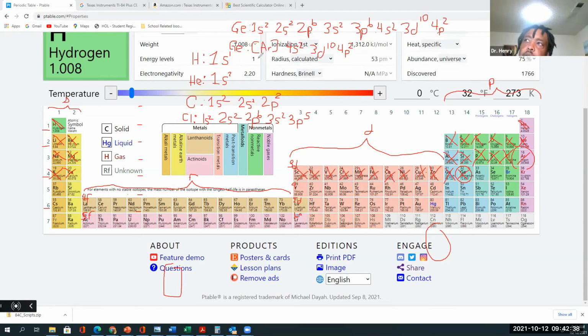Now the noble gas core represents all of these electrons here, right?